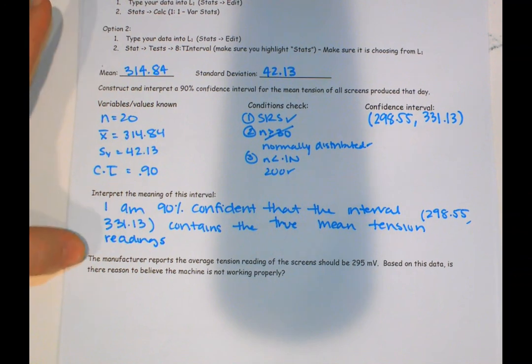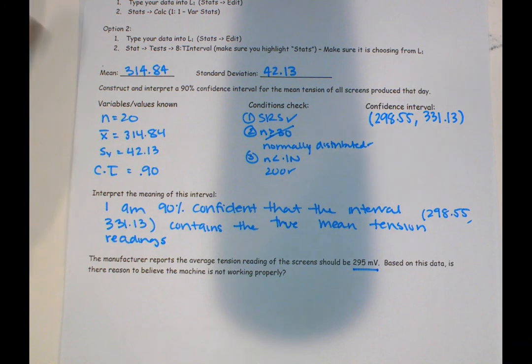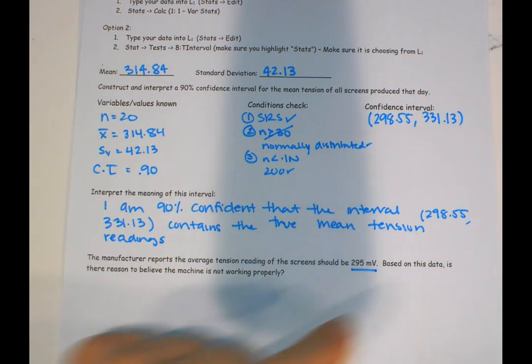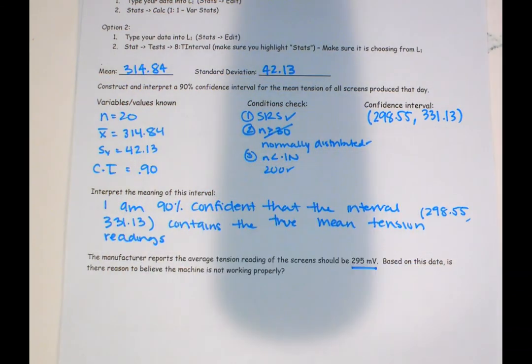So then it says the manufacturer reports the average temperature reading should be 295. Based on the data, is there reason to believe that the machine is not working properly? So we would look, is 295 within our interval? It is not. So therefore, either something is wrong with our sample or something is wrong with our machine. So we're going to assume, based on our data, if we did everything right, we ran a simple random sample, that our data is valid.